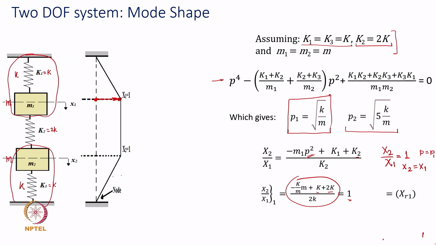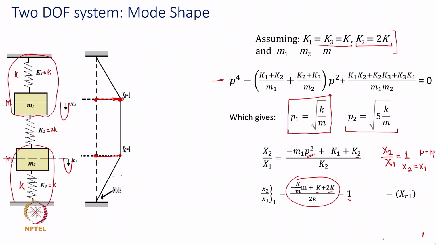So, this is the position of mass m1. At the same time, mass m2 will also move in the same direction. If this direction is downward positive, then this also is going to be downward positive with the same amplitude, which I am showing just for the sake of illustration in this figure.